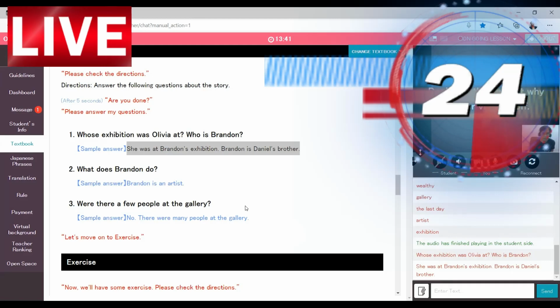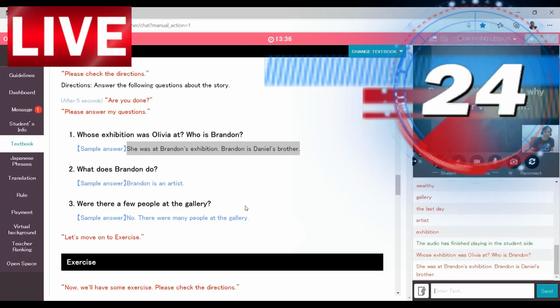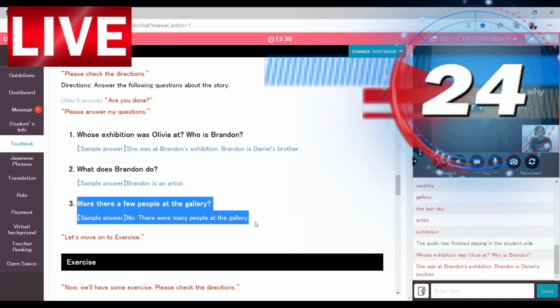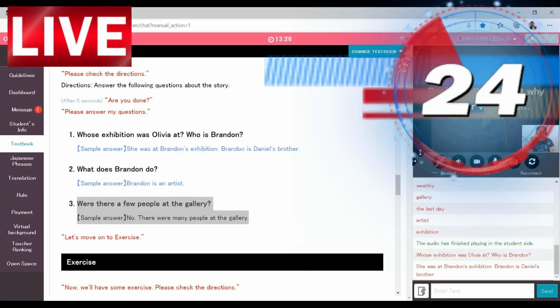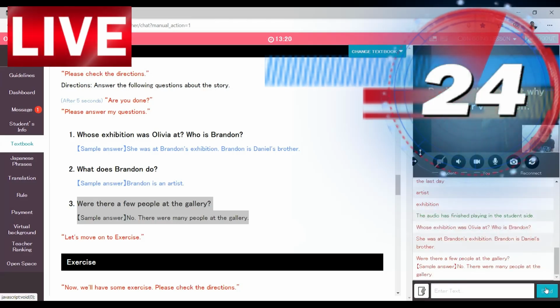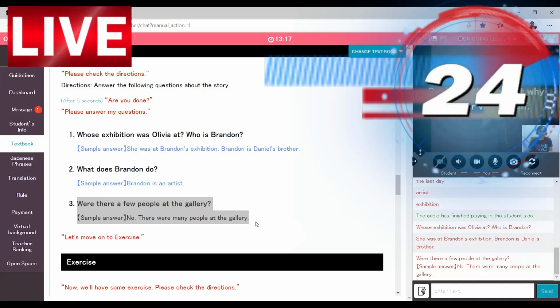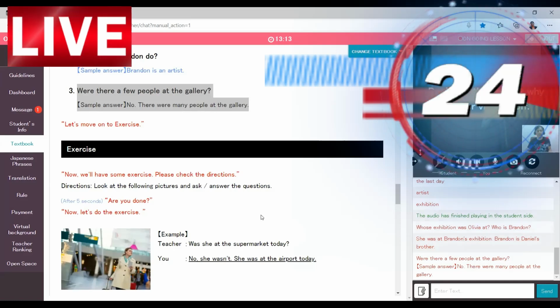Were there a few people at the gallery? No, there were many people, right? Not few, but many people at the gallery. Okay, very good. Now let's move to the exercise part. Please check the directions. I'm done.